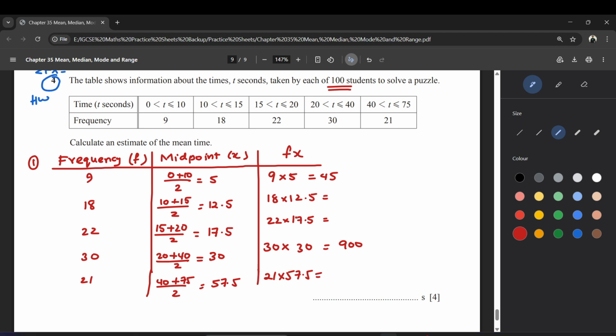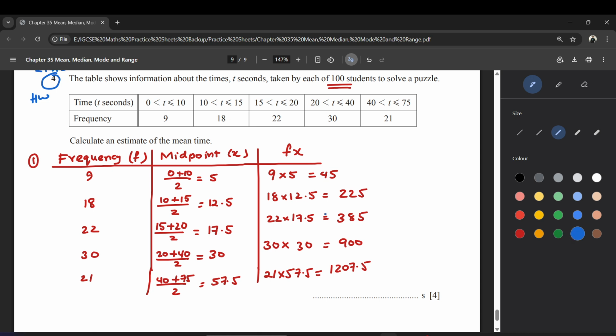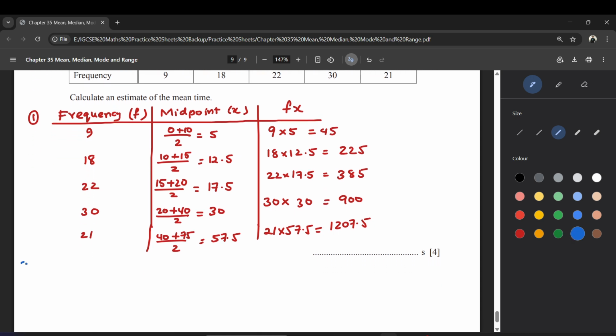So 18 times 12.5 gives us 225. 22 multiplied by 17.5 gives us 385. And 21 multiplied by 57.5 gives us 1207.5. That was step 1.